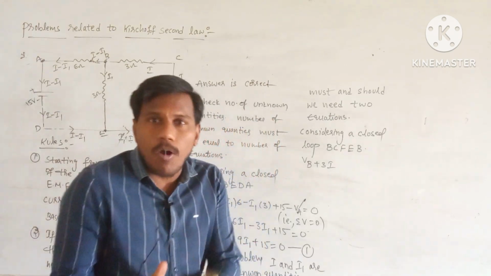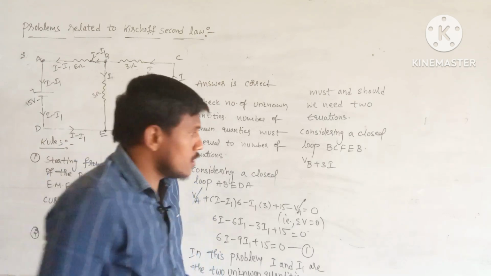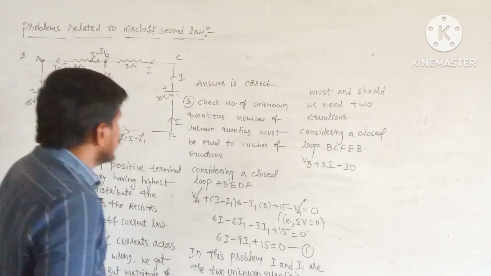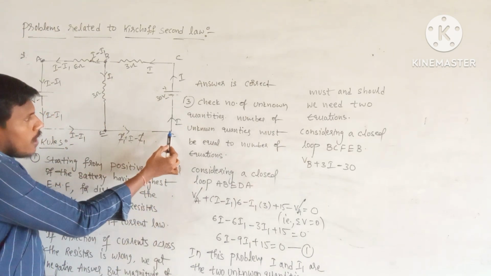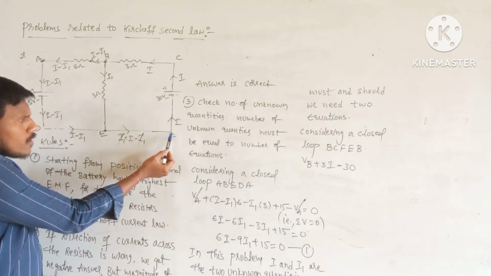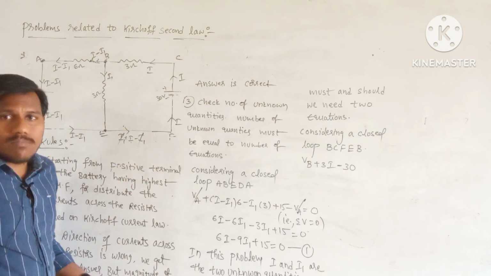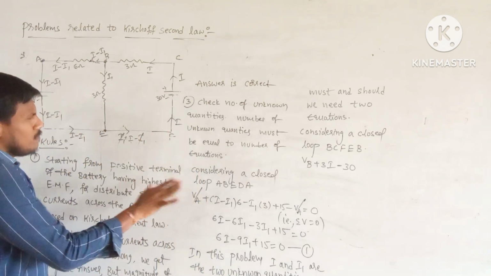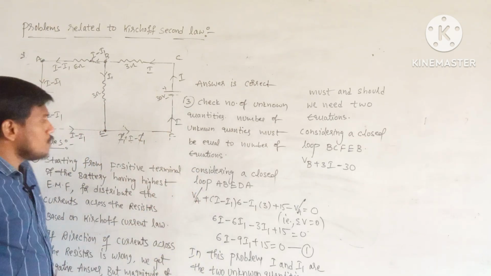That is the meaning of a drop of potential. So that's why I am writing minus 30. Now I am following the path FE, but in the path FE there is no resistance and no cell present. It's no problem.